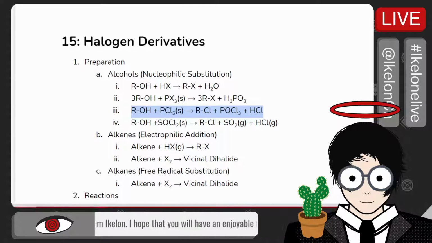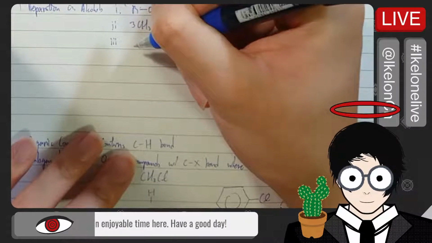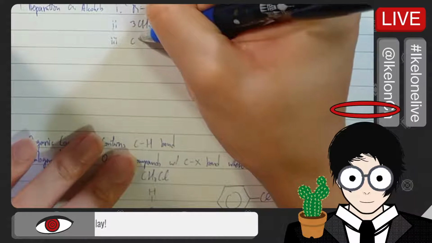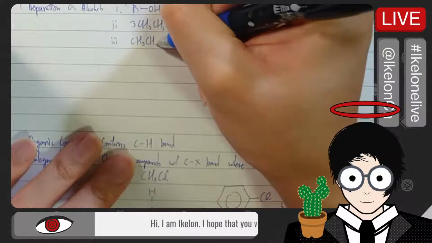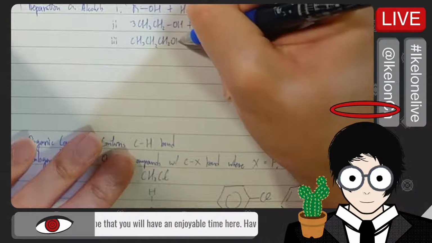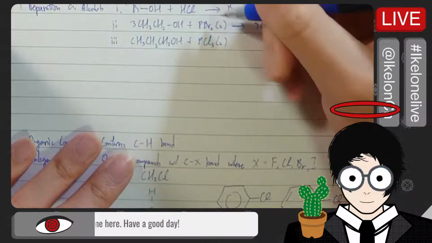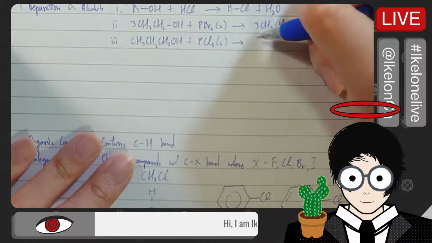So for an example, let's use CH3CH2CH2OH plus phosphorus pentachloride, anhydrous, and what will we get?